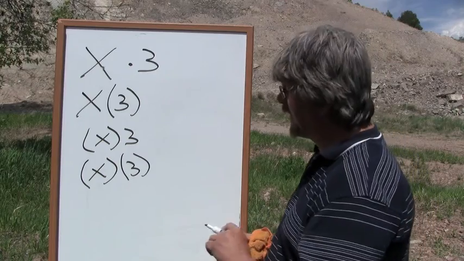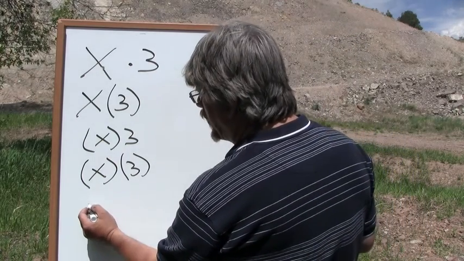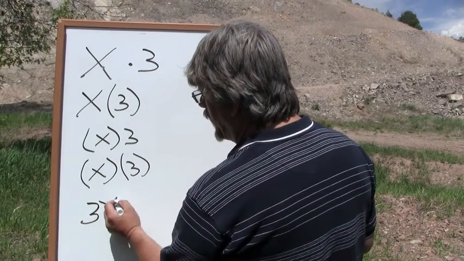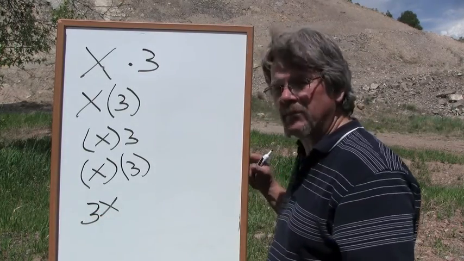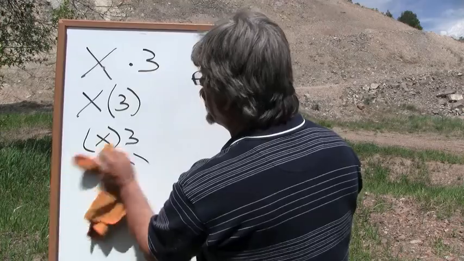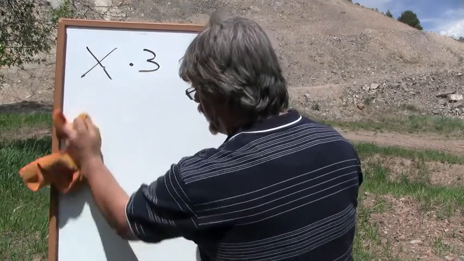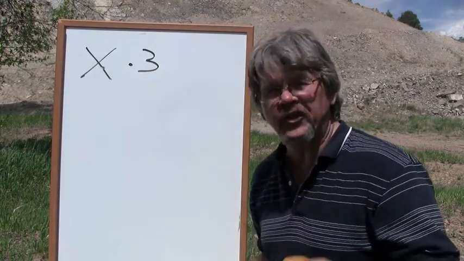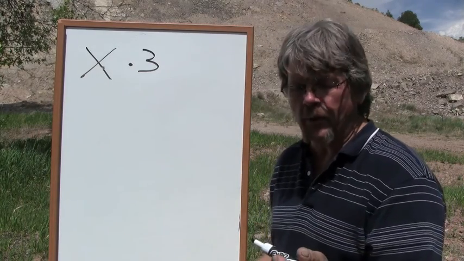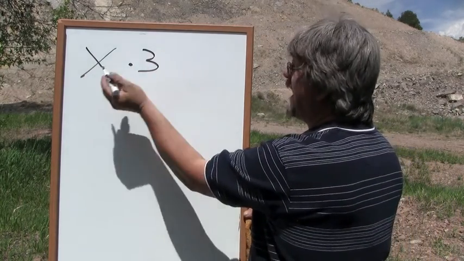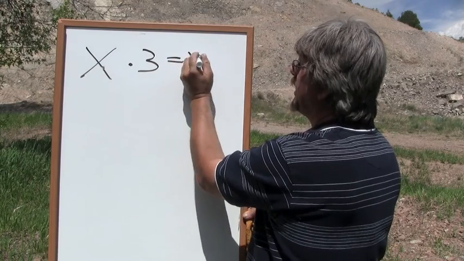Just understand that usually if a number is next to a variable, it's being multiplied. That is 3 multiplied by some number whose value we don't yet know. So don't let that confuse you. I'm going to use the dot just to clarify some things for now, and later on I'll use the other one. x times 3 equals 15.